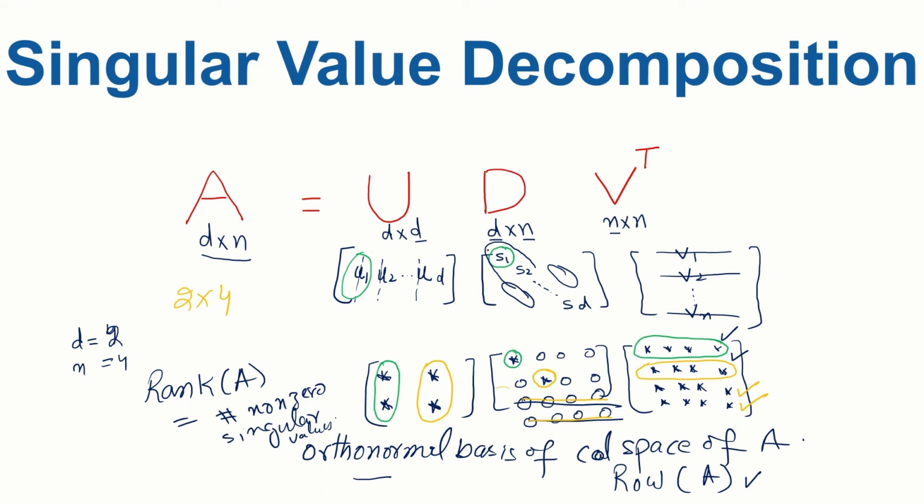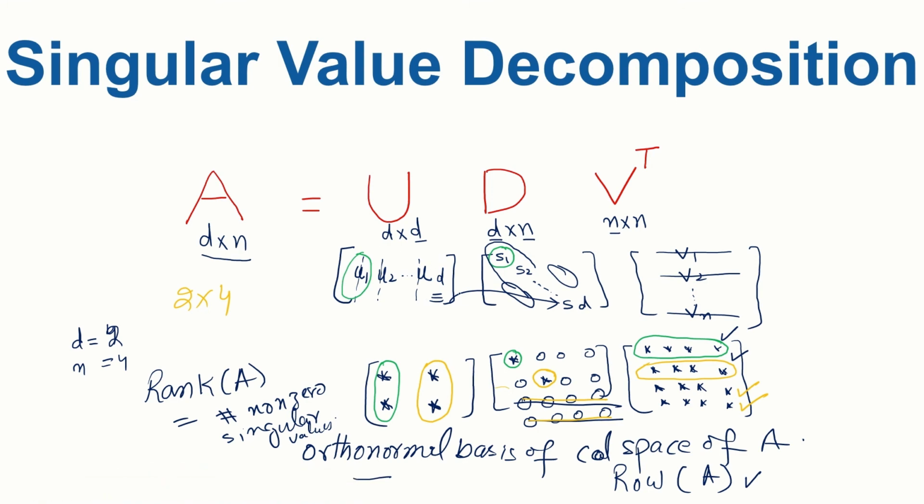The columns in U corresponding to non-zero singular values form the basis of the column space of A. The rows of V corresponding to non-zero singular values in D form an orthonormal basis of the row space of A. The number of non-zero singular values is equal to the rank of A. Not only that, the columns of U that correspond to zero singular values form an orthonormal basis of the left null space of A. I have not explained null space, row space and column space; I just want to tell you how informative this singular value decomposition is.